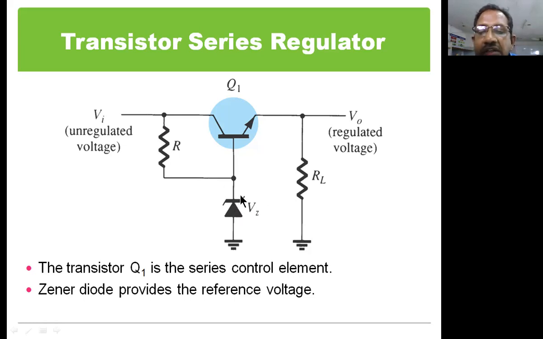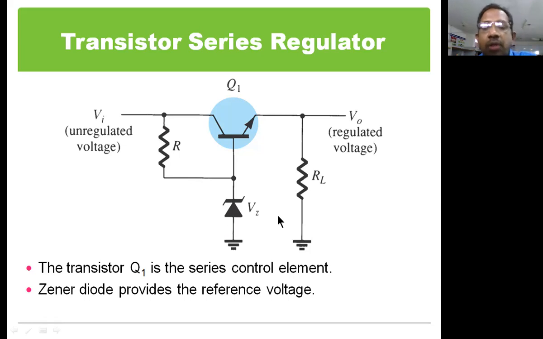That means this bar is taken as positive and the arrow is taken as negative, because the Zener diode operates only in the reverse bias condition, unlike the conventional diode which operates only in the forward bias condition. Since it is operating in reverse bias, the current flows opposite.